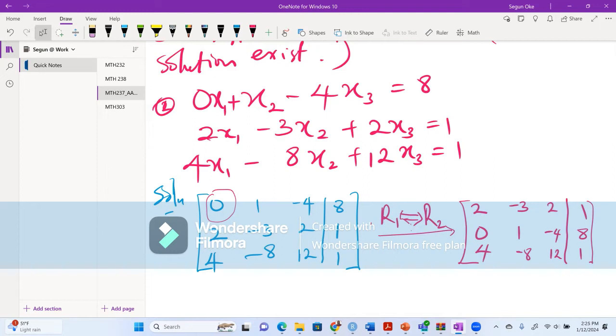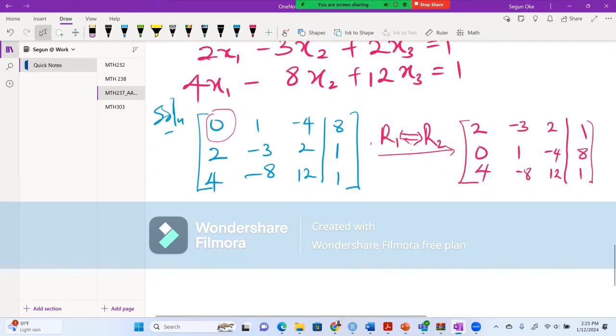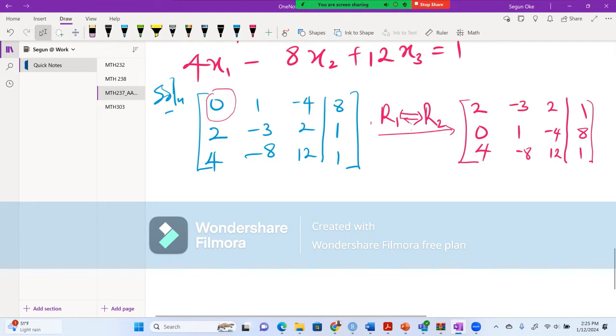So the next thing I need to do is, which one do I need to reduce in this case? Now that I have R1 and the new R2, which one do you think we can reduce? Anybody?